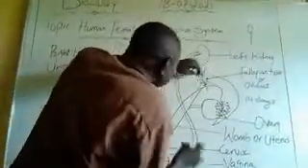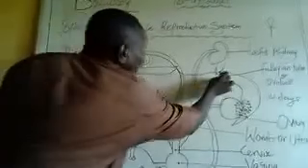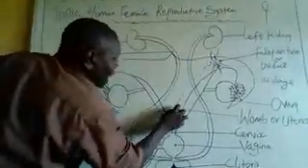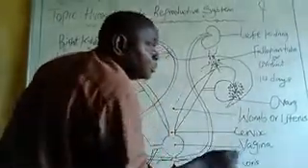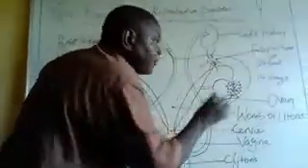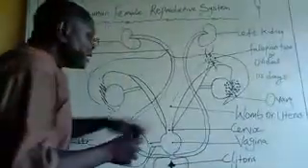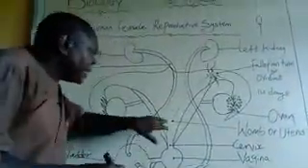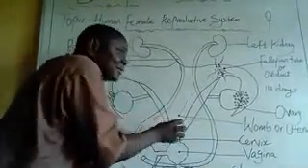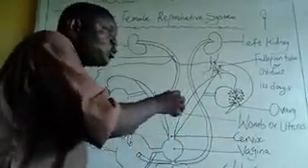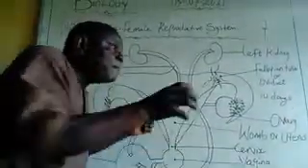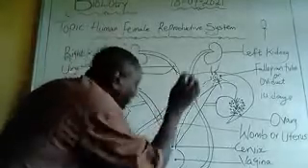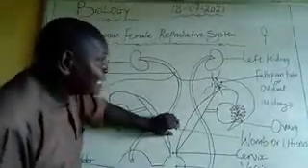Okay. When the egg is fertilized, the egg will move downwards to where we have the womb, or uterus. Here, implantation takes place. The attachment of the fertilized egg to the wall of the uterus, to the wall of the womb, is what we call implantation.